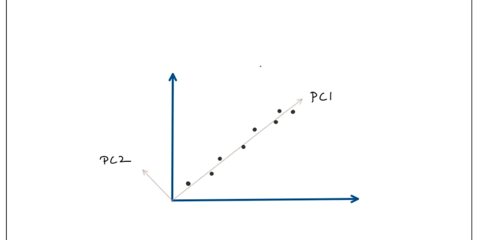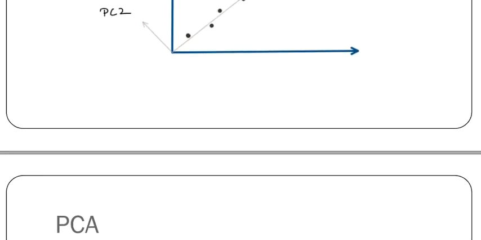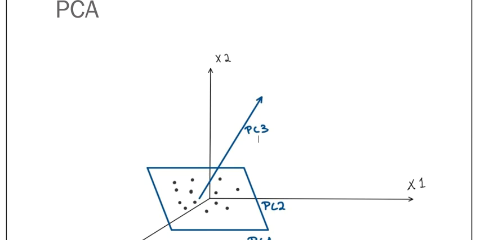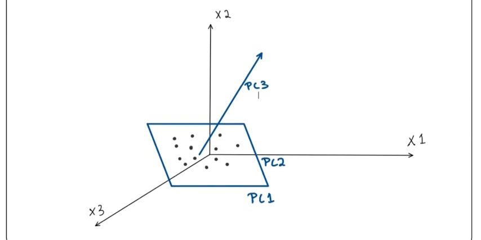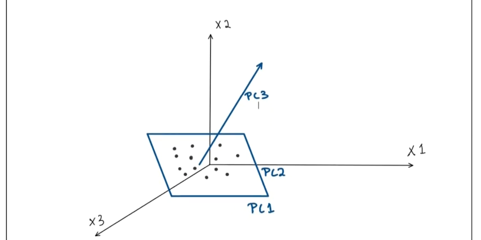Okay. Coming on to three-dimensional feature space. So in this three-dimensional feature space, we have got three features, x1, x2 and x3, and the data is clearly lying on this plane, right? With maximum spread in this direction, hence this becomes our PC1. Second most, it is spread out around this direction.